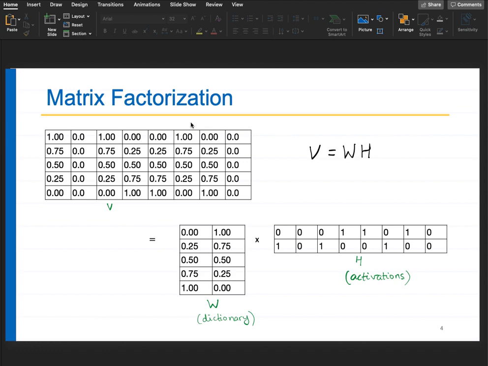Activations means which entries are getting activated at which time instance. You can consider this is your time or different samples, and this is a single data point, a single sample, right? And this is controlling how at different times which columns are adding up. So be very clear about this representation. Should we go forward? Anybody has any question, please ask.